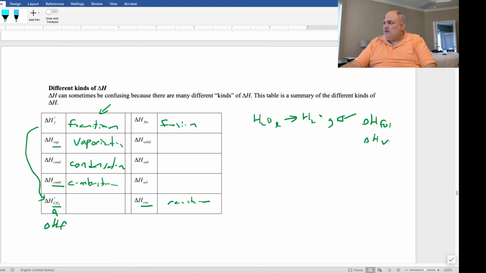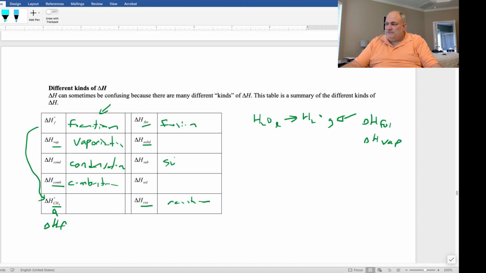So those two enthalpies that we saw, they're the same as this right here. Solidification, it's silly. I've never used it before, but that would be going the opposite way. This is going from a liquid to a solid. This would be going from a solid to liquid, but the values would be the same but opposite.